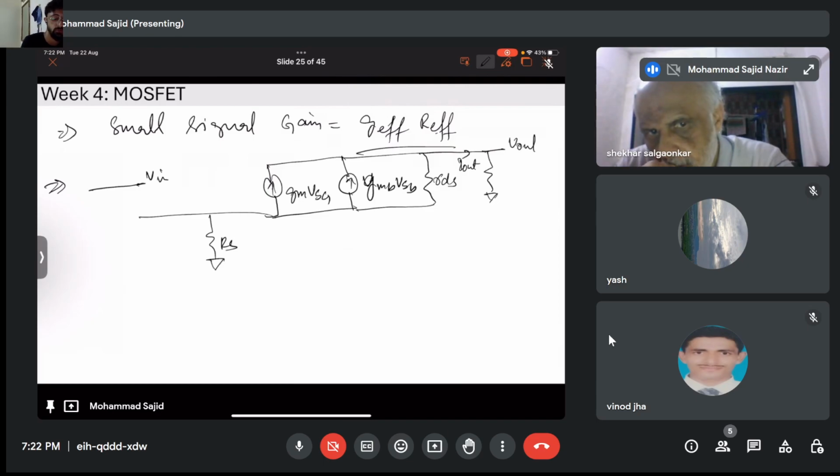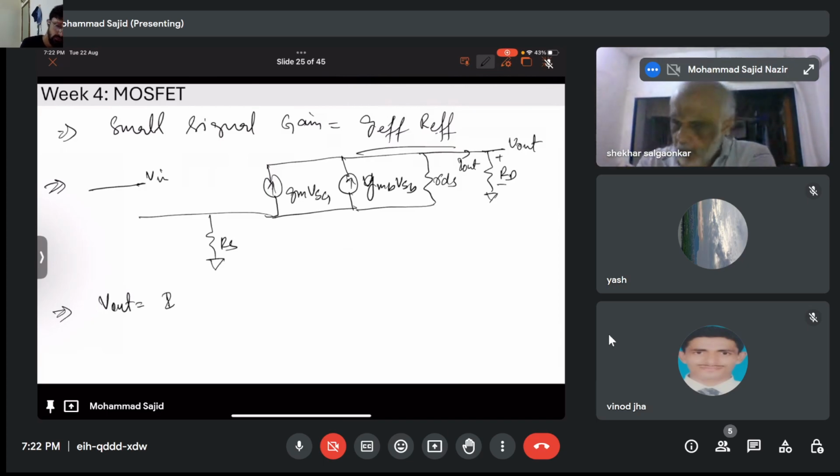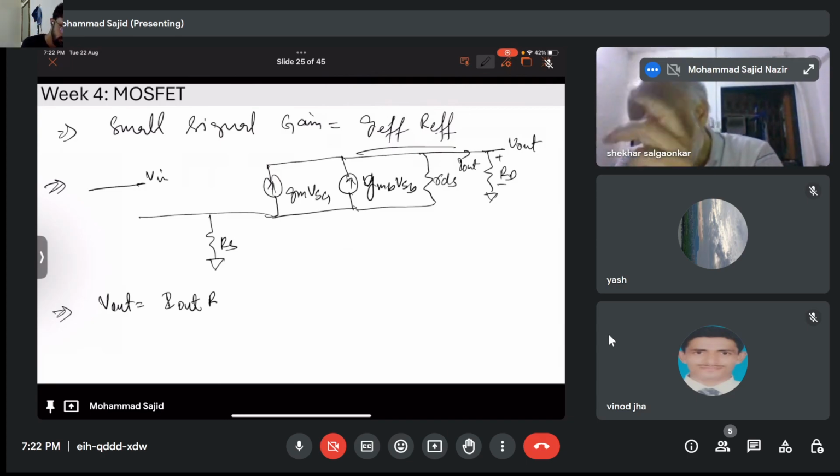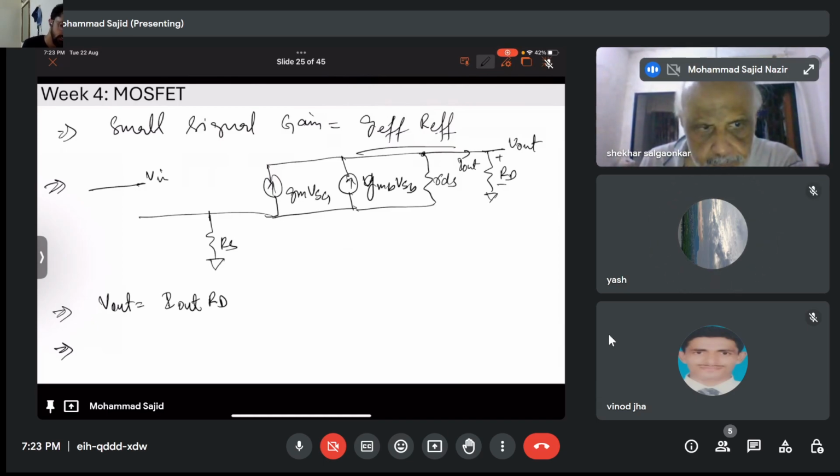You don't need to do this separate analysis. What you can do is your V output is simply equal to I output times Rd, right? Yes, sir. So what you can do is you can directly do the analysis.